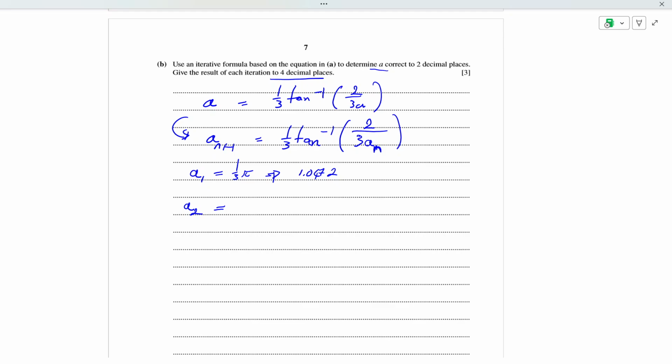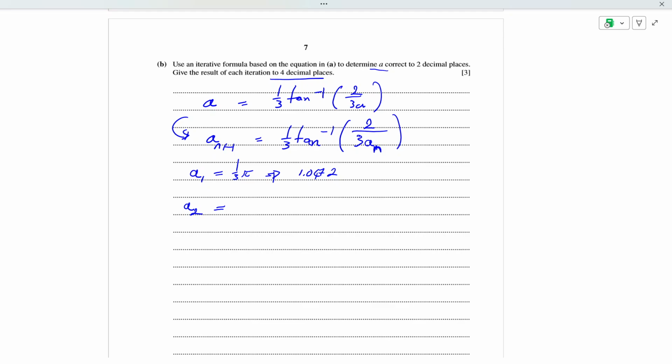You can replace the a n with the variable x, and then you just press equals. You plug in the value for a, in this case it should be 1.0472. You press equals, then you continue repeating that pattern to find a2, a3, a4, a5, a6, a7 until you get at least perhaps one. You can stop when there's an oscillation or when the last two digits are the same.